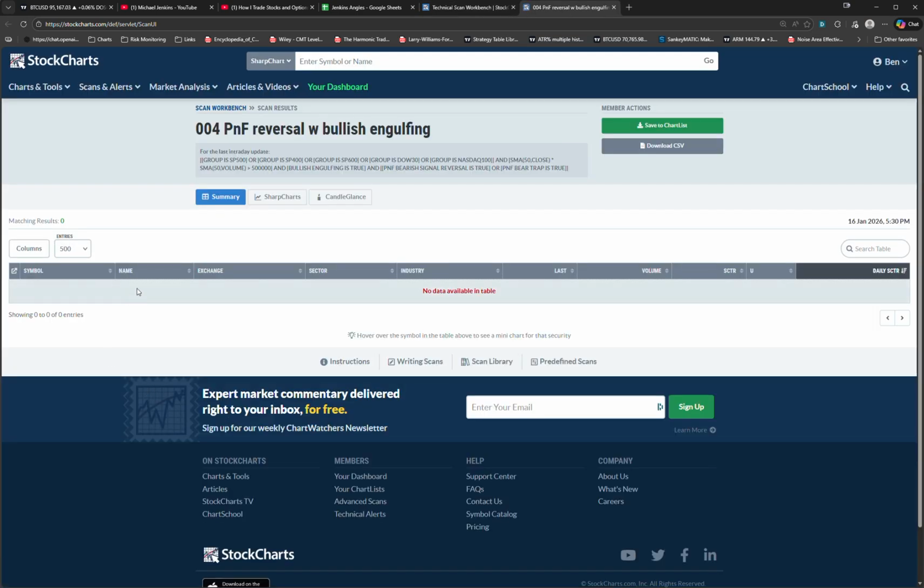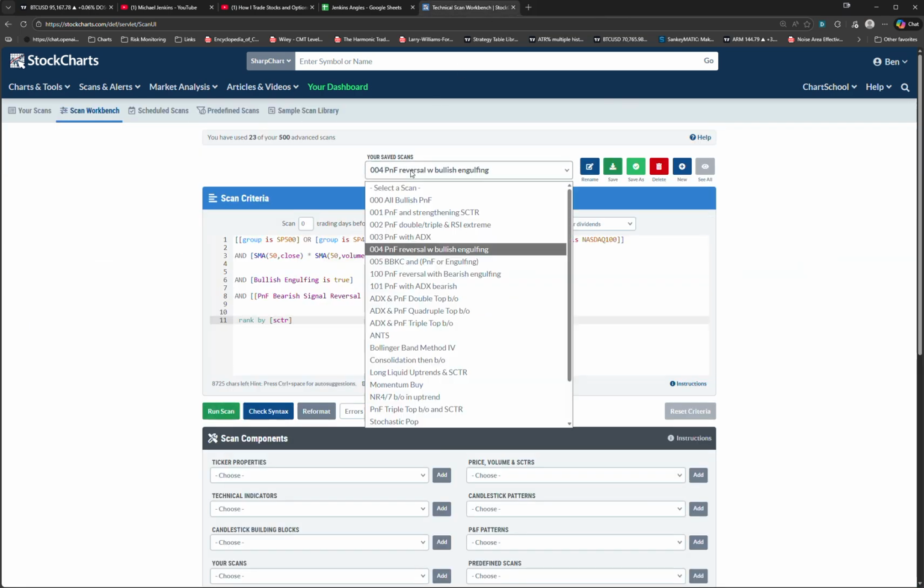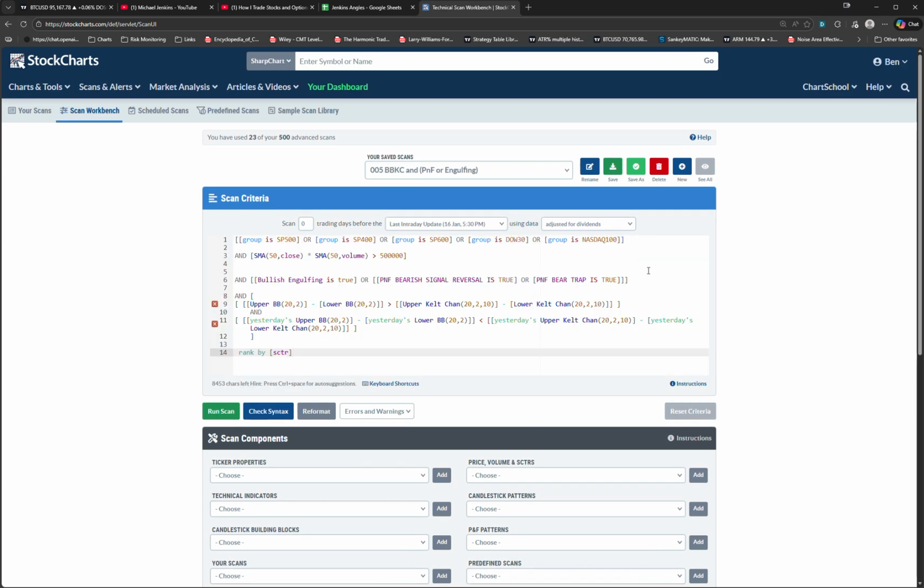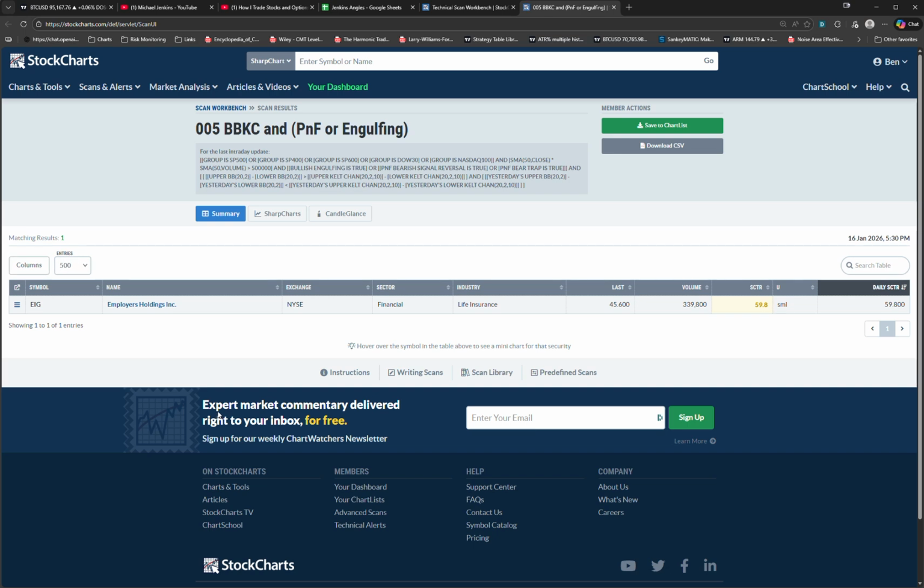And sometimes you get one or two of these. Today there's none. Let's try Bollinger Band, Keltner Squeeze with a point and figure reversal or a bullish engulfing. And so we've only got one.